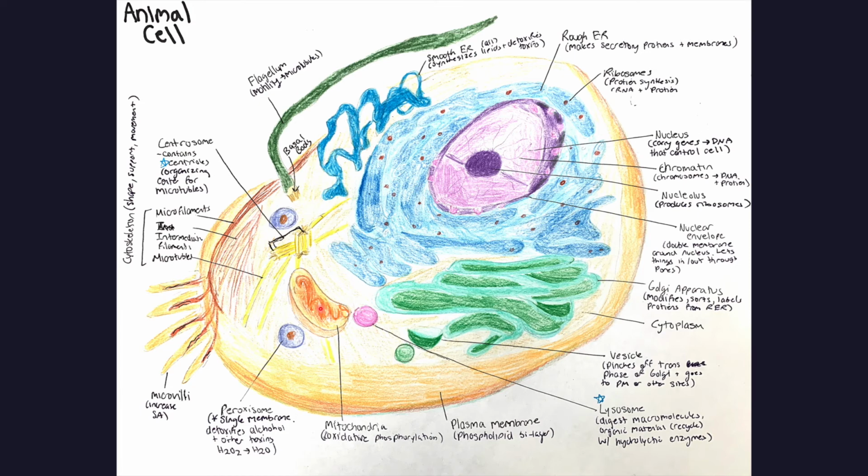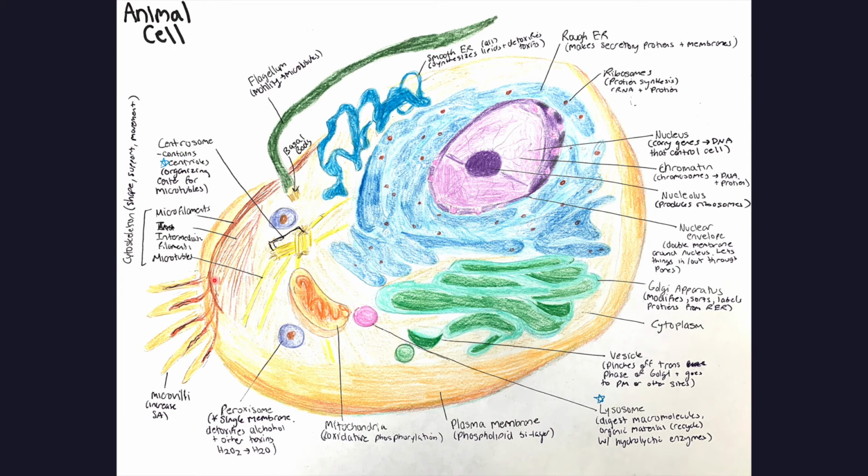The mitochondria is known as the powerhouse of the cell, producing energy in the form of ATP for the cell to use. The peroxisome, which only has a single membrane rather than a double membrane, detoxifies alcohol and other toxins. They break down hydrogen peroxide into water.